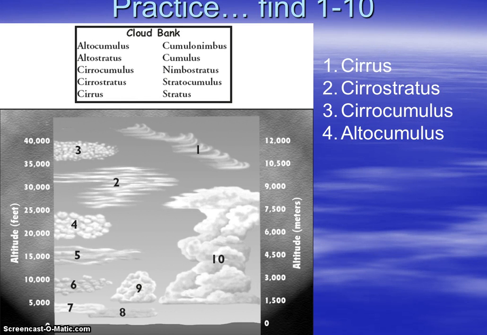So number 4 is alto. Alto meaning middle altitude, and cumulus meaning puffy. So alto, cumulus, middle altitude, puffy cloud. All right, let's look at number 5. 5 is middle to low altitude, and it has layers.